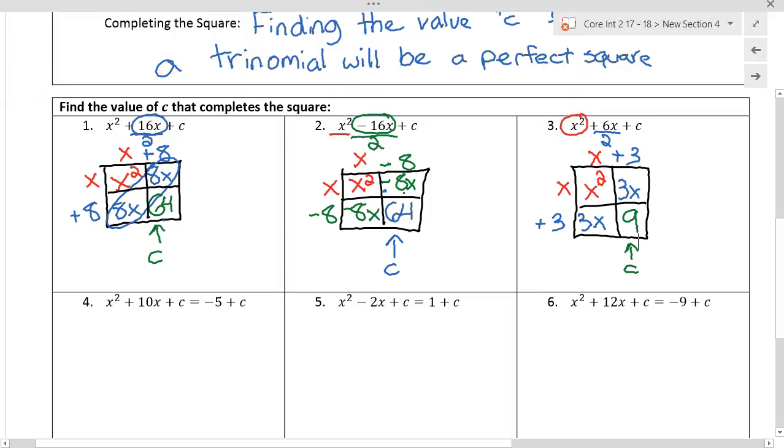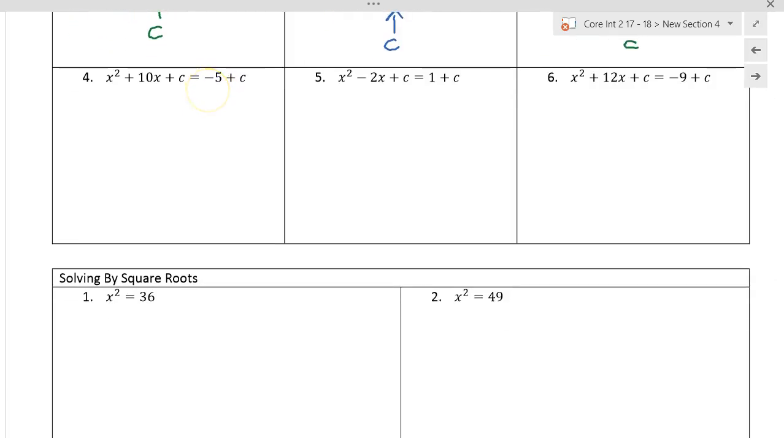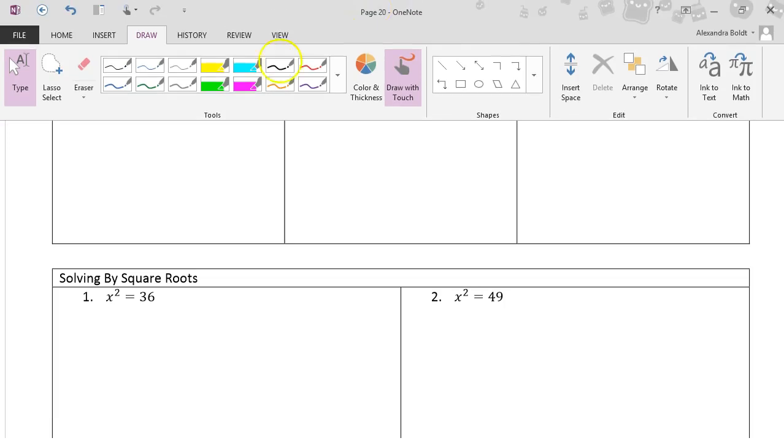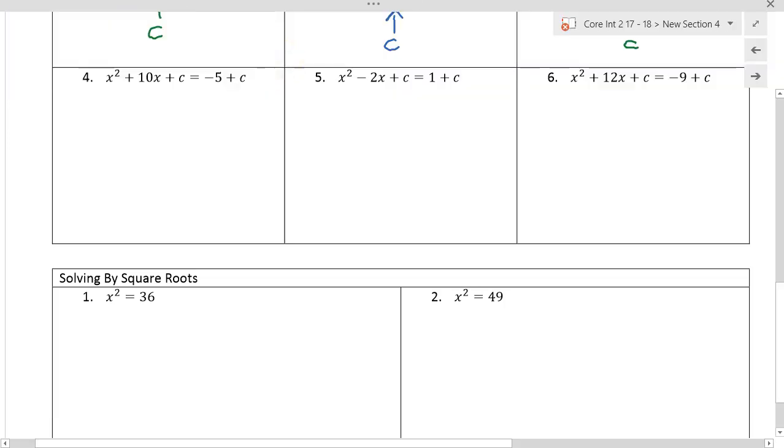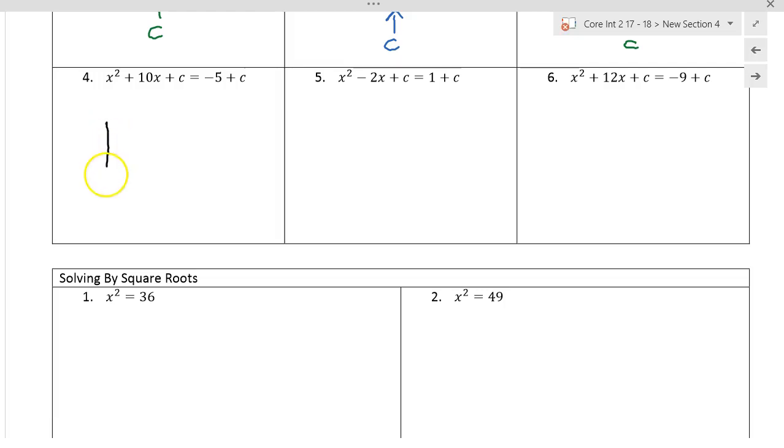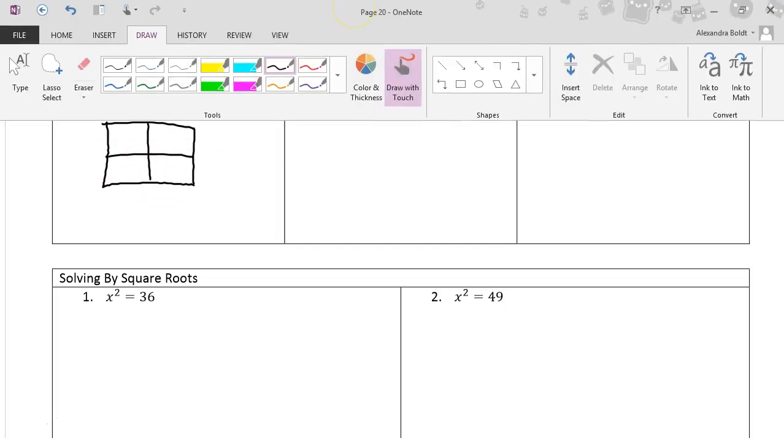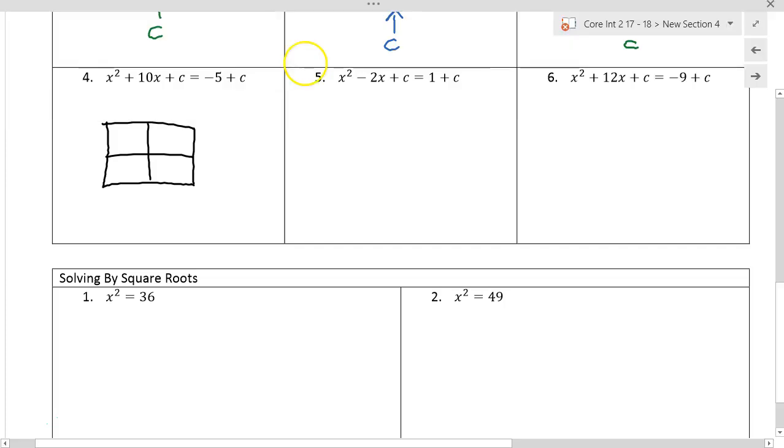Looking at number 4, x squared plus 10x plus c equals negative 5 plus c. Just because it's equal to something doesn't matter for the problem. I am still going to start by making my box and doing exactly the same thing. That negative 5 plus c isn't affecting what c is going to be. So we'll start with the x squared.